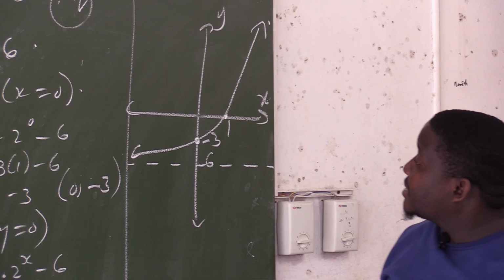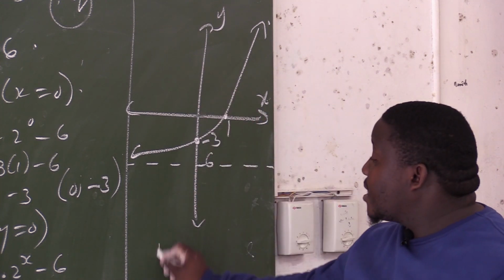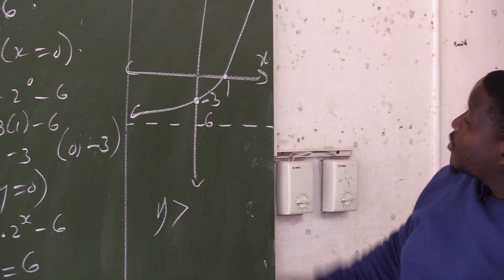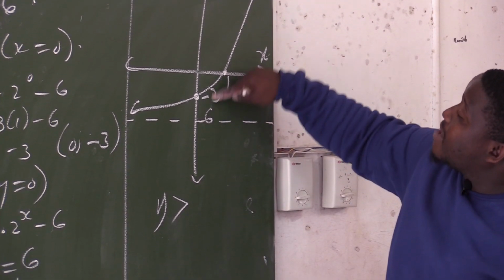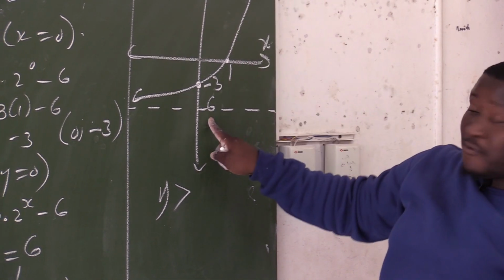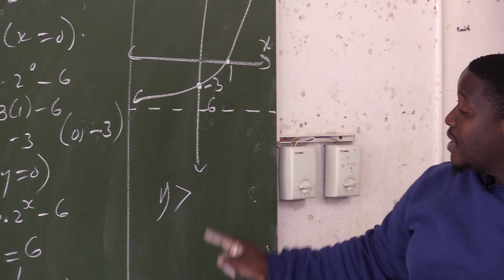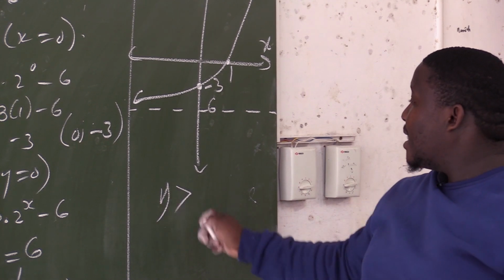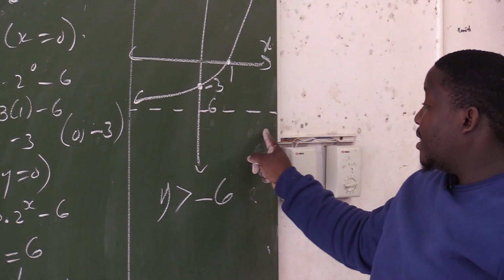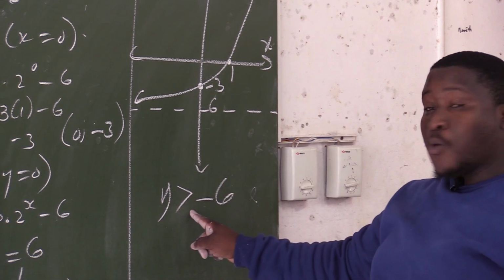What it means is the range of this graph would say y is greater than. Why am I using greater? Because this graph can only take any value of y as long as that y value is above what? Negative 6. Therefore, my range will say y is greater than negative 6. Take note, I'm not using an equal sign. Why am I not saying equals to?